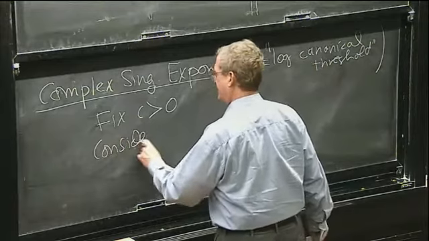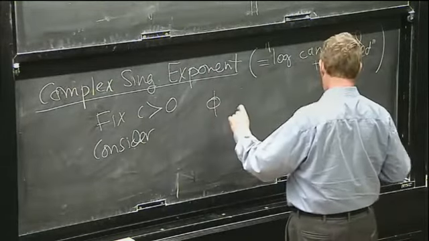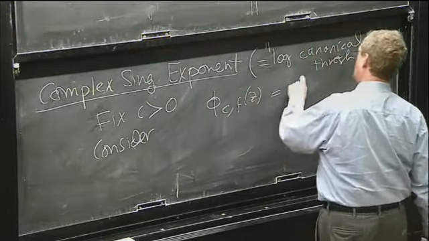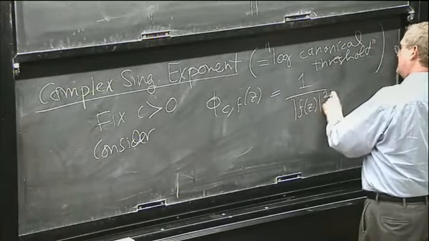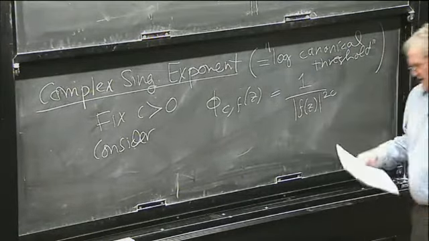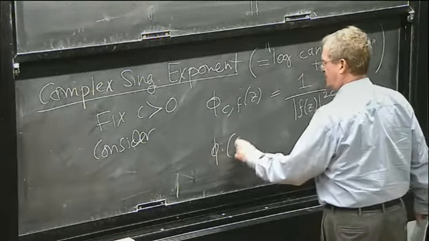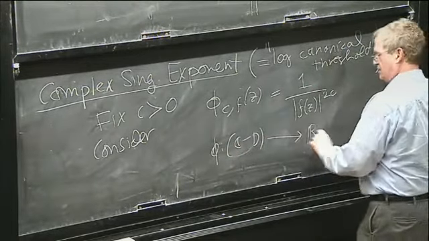So we're going to look at phi_c of f. This is going to be the function 1 divided by the modulus of f to the 2c. This is a nice smooth function that takes C^n minus {f = 0} to the reals.